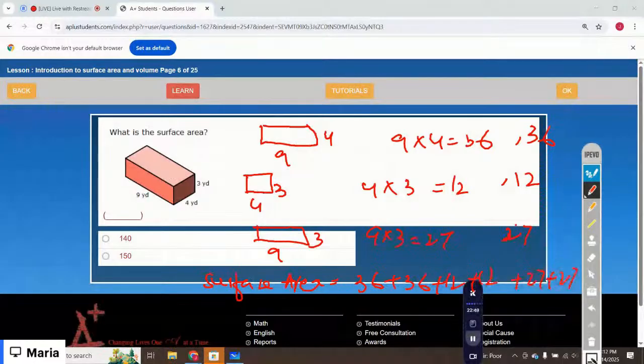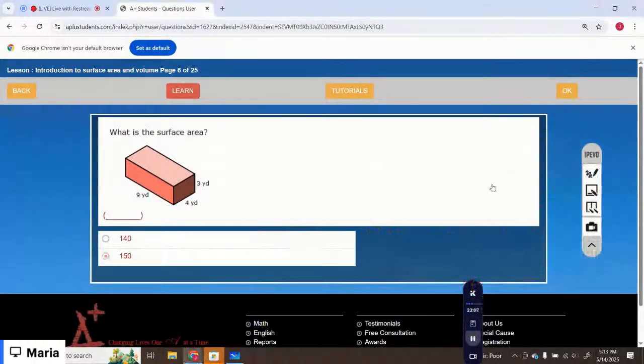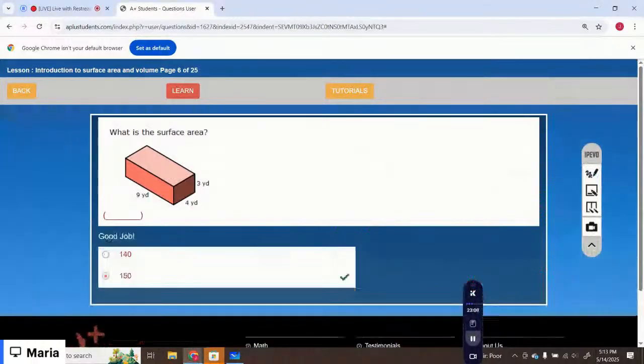Let me just add all those areas. That is 150. Option number 2 is the correct option. Okay, let's just move on to the next lesson.